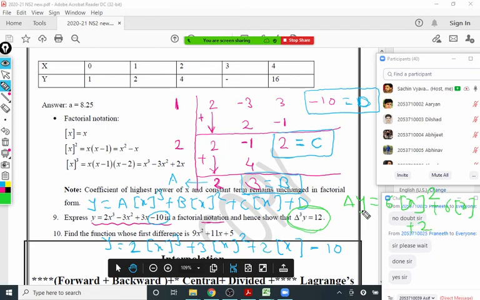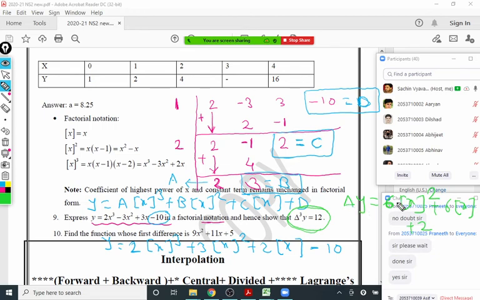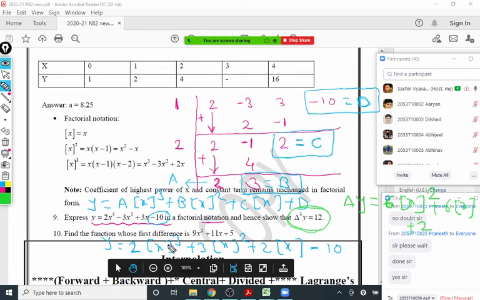I hope you can all see this. Delta y is 6 into second factorial of x plus 6x plus 2. Just the derivative is taken: 2x cube gives 6x square, 3x square gives 6x, and 2x gives only 2. So this is the first derivative.